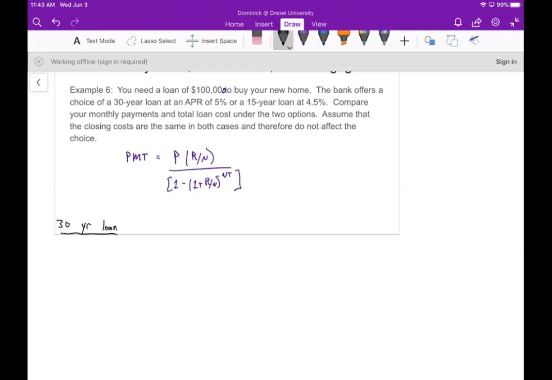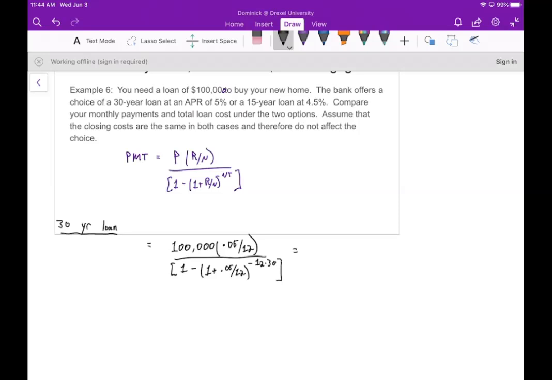In the 30-year loan option, the principal is $100,000, that's not changing. The interest rate is 5%, so 0.05 over 12, and all of this over 1 minus (1 plus R, 0.05 over 12) to the minus 12 times 30.